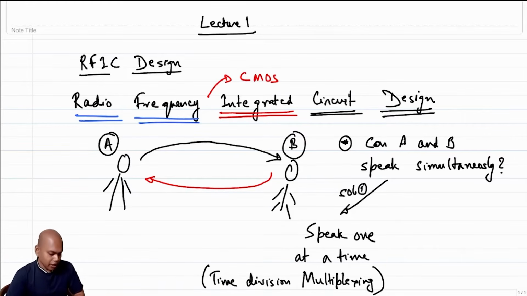So now there is another way of communicating instead of speaking one at a time, but that is slightly different in the sense that, let us assume speaker A and speaker B are not speaking in the same tone. For example, let's say I speak in a very shrill tone, right?